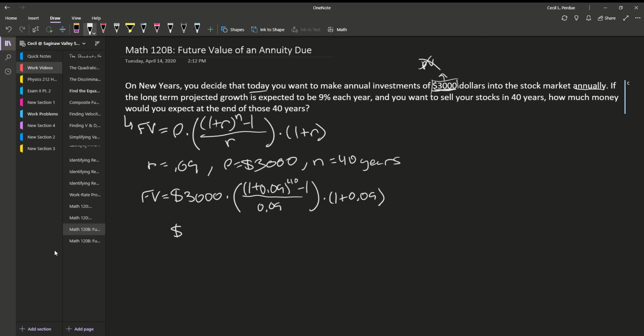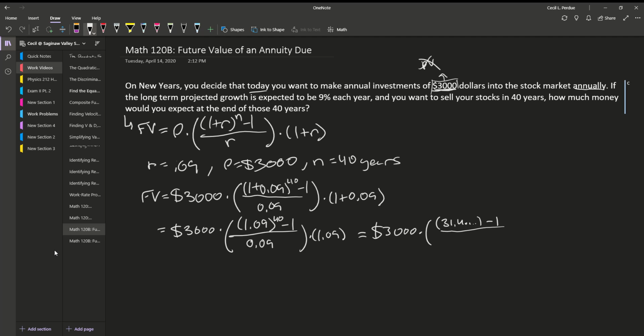Then we'll have the future value is equal to 3,000 multiplied by, in the numerator we have 1.09 to the power of 40 minus 1 all over 0.09 multiplied by 1.09, and that's equal to 3,000 multiplied by 1.09 to the power of 40 is 31.4, and then a bunch of numbers, and that's minus 1 over 0.09, and then that's multiplied by 1.09.